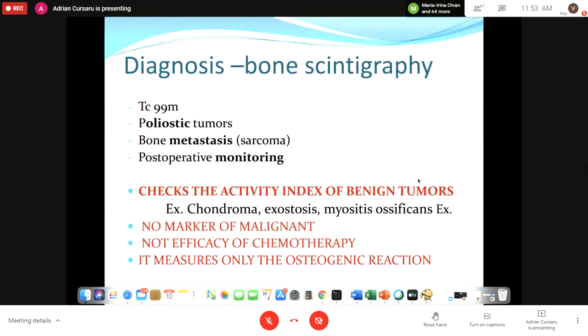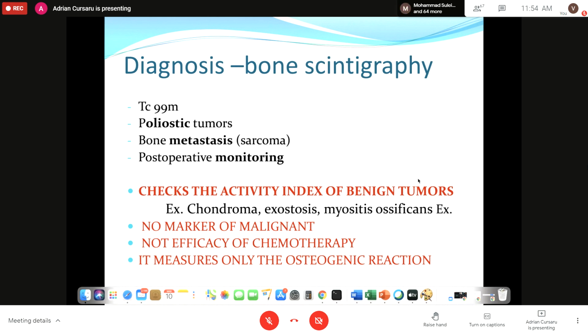The scintigraphy is another very good investigation for us, and we are using it in most cases of tumors, in most cases of malignant tumors. Why? Because after that type of investigation, you can tell us if it's a polyostotic or monostotic tumor, and it is very important because you have to treat all the tumors.